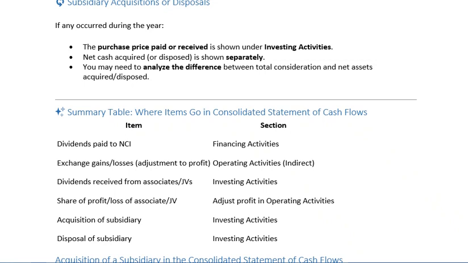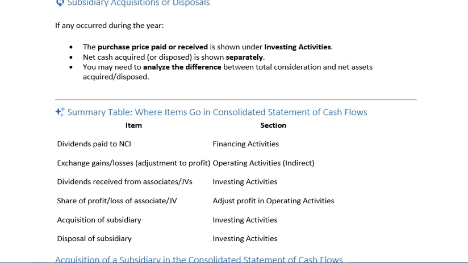Your P&L account is an operating activity. Am I right, sir? You're right. So I will bring the note that discusses the dividend paid. I will bring it out to you.